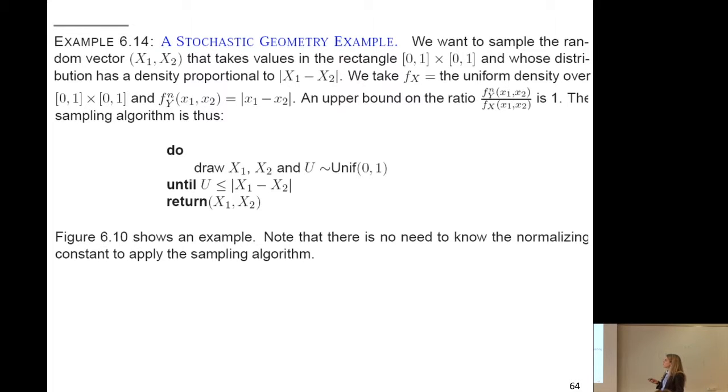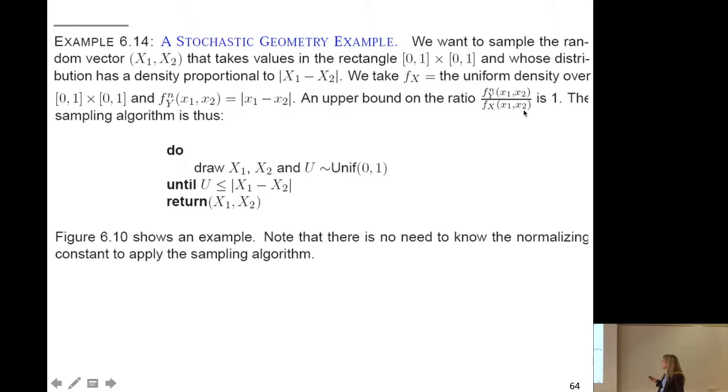Then we draw x1, x2 in the unit square. And we also draw u from the uniform distribution between 0 and 1, because this f of y is upper bounded by 1, since these take values between 0 and 1.